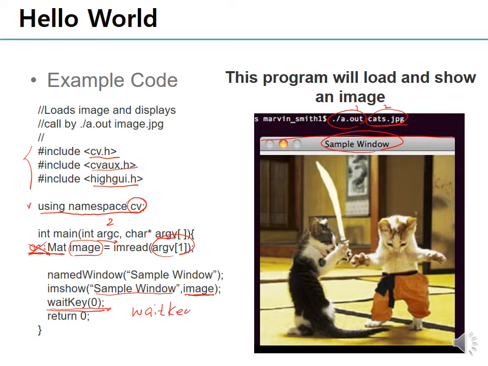If there is some number here, like waitKey(10), then it waits that amount of time. Then automatically it runs the next command. So this is the first example.